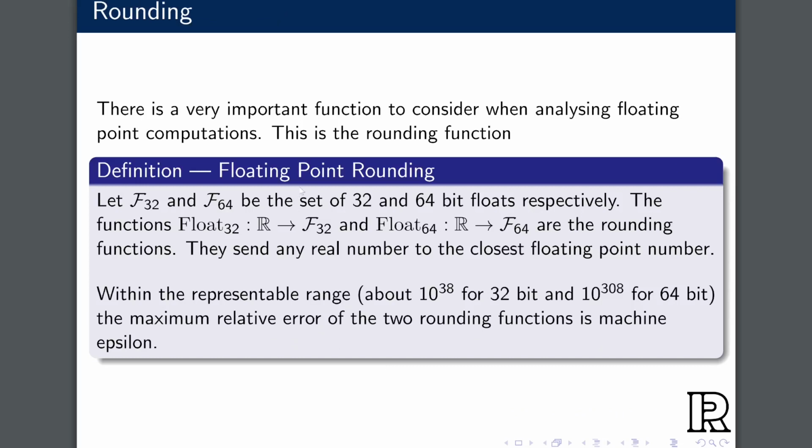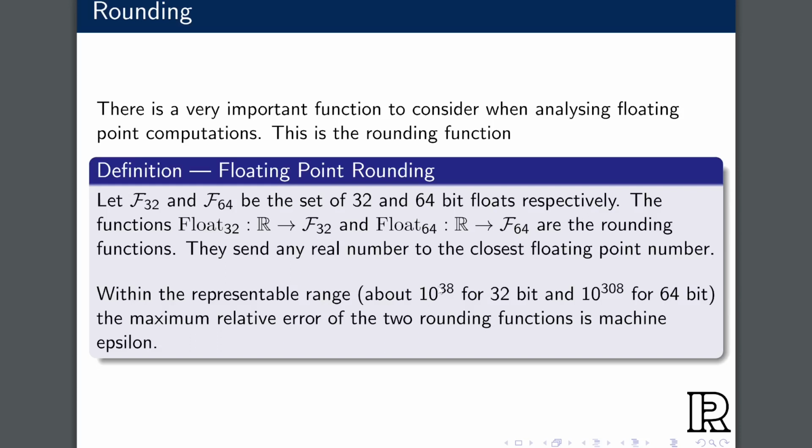What I mean is this. There's this thing called the rounding function, which is basically if I have a real number, I round it to be a floating point number. And the floating point standard is designed to make this rounding function have machine epsilon relative error no matter where, as long as it's representable.